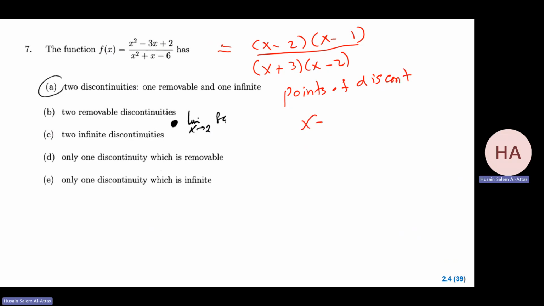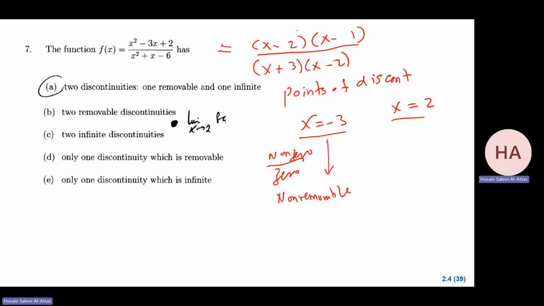Very clear. x equal minus 3, x equal 2. Here the limit will not exist, because if I substitute, I have non-zero over 0. So for sure, the limit is either infinity or minus infinity or does not exist. It depends on right or left. So we say non-removable.